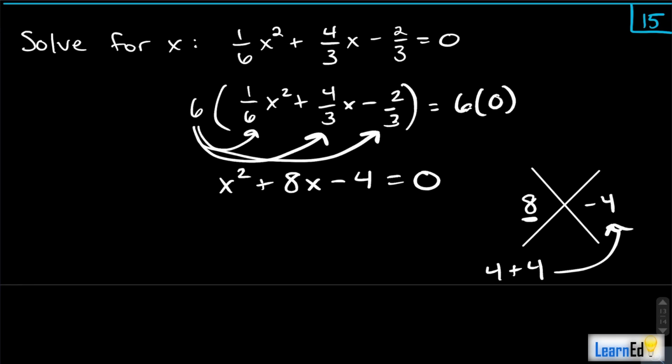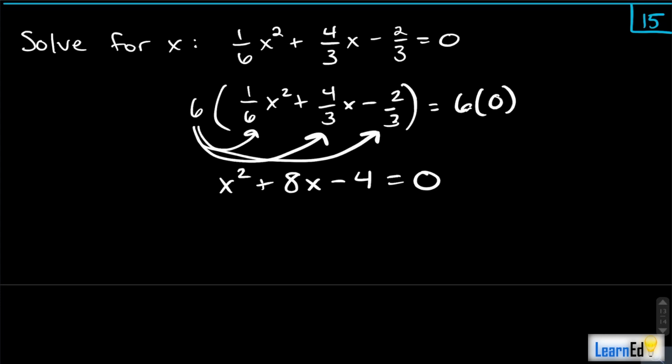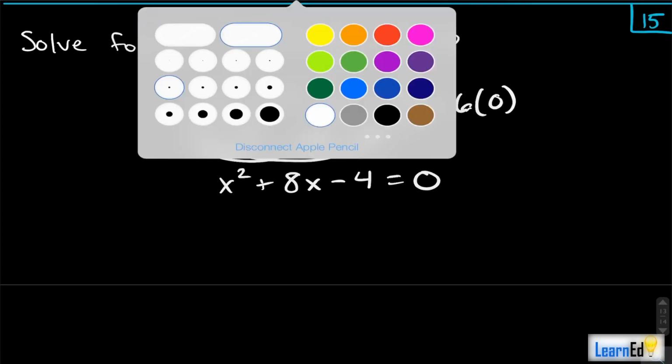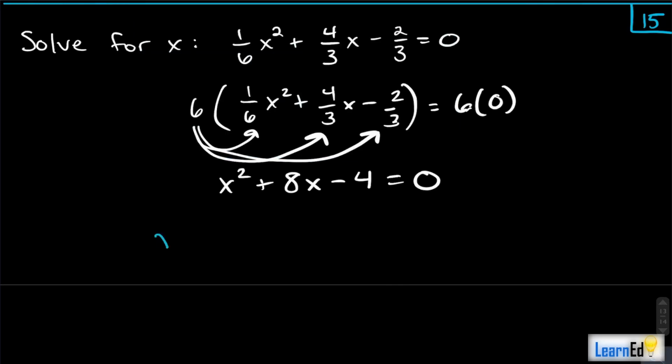So we're going to have to solve this using the quadratic formula. We have to label what a, b, and c are. a is 1, b is 8, and c is negative 4.